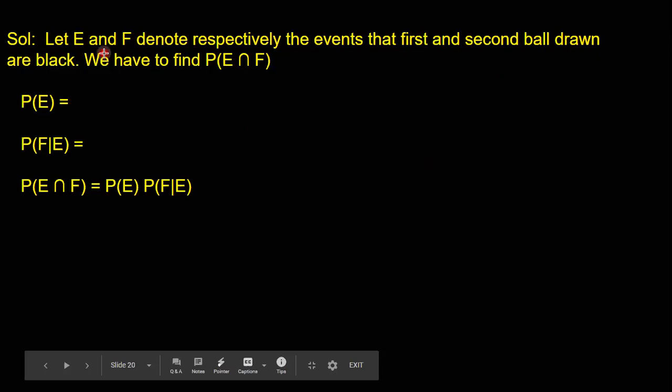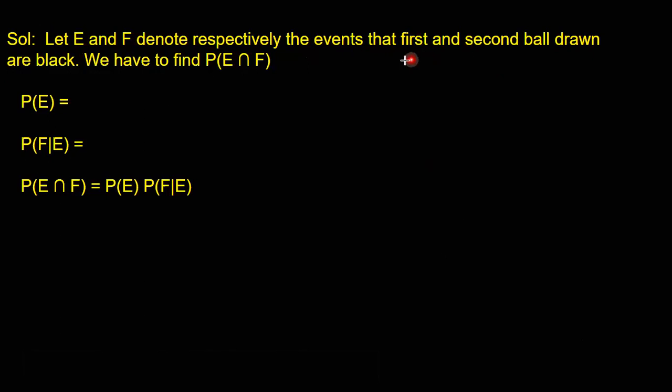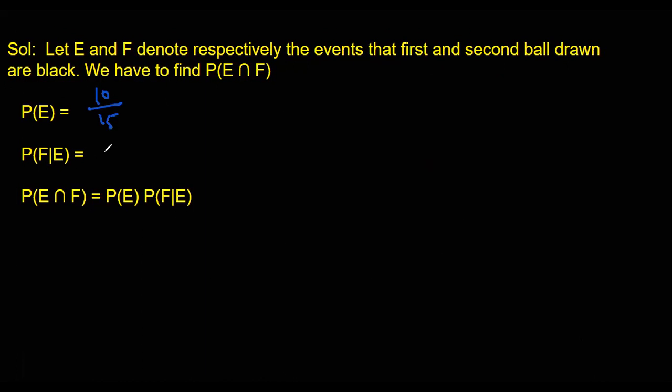Here you see, we'll define E and F respectively as the events that the first and second ball drawn are black. So here we write P(E) is equal to 10 by 15, P(F|E) was 9 by 14, and P(E ∩ F) will be 10 by 15, which can also be written as 2 by 3, and 9 by 14.